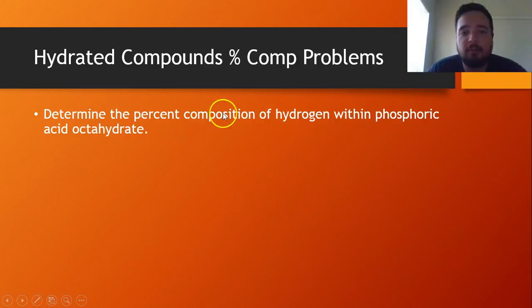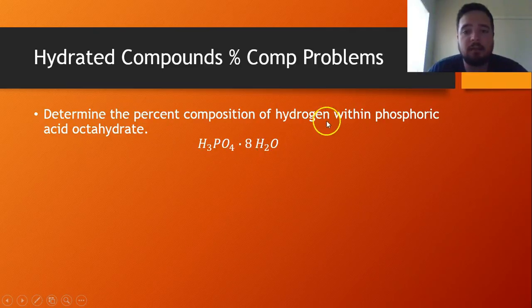Determine the percent composition of just hydrogen within phosphoric acid octahydrate. Phosphoric acid looks like H3PO4, which is also the same thing as hydrogen phosphate. So this here is 8H2O, because octa means 8 and hydrate means water.